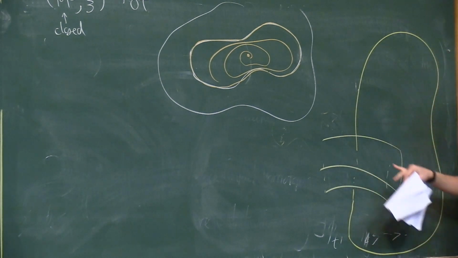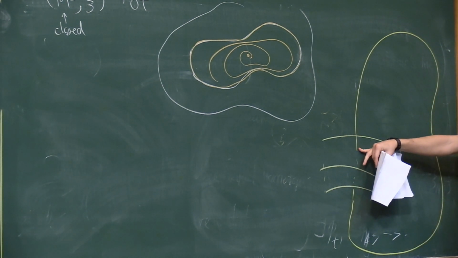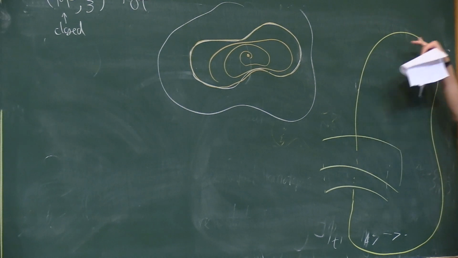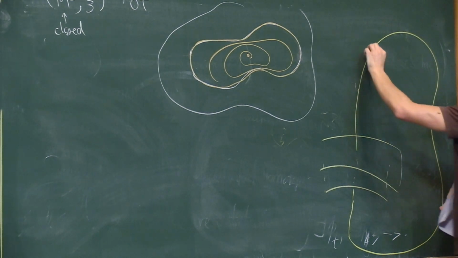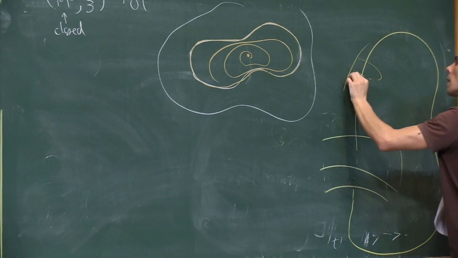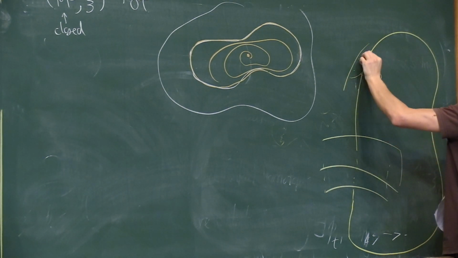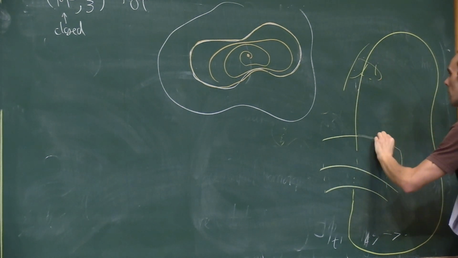And of course, the existence of such a cycle is something which is global. That's not a local property, so it has to be a closed cycle. Once you have a closed cycle, what you can do is basically turbulize the foliation along the cycle. And that's going to produce a new foliation which is going to have a Reeb component here.